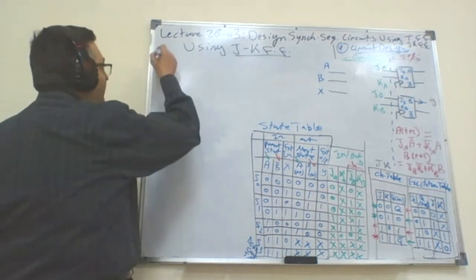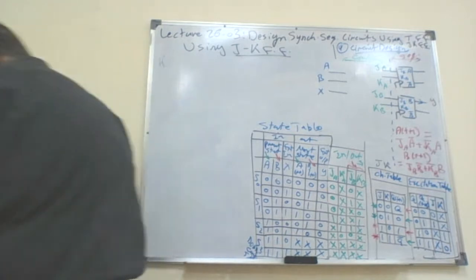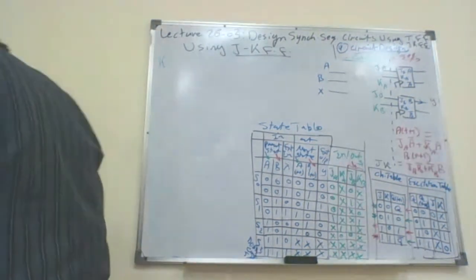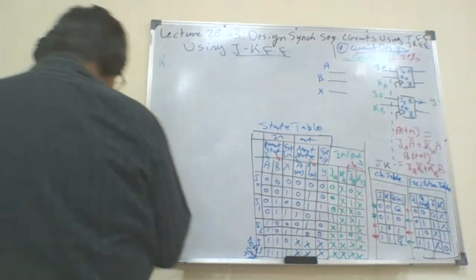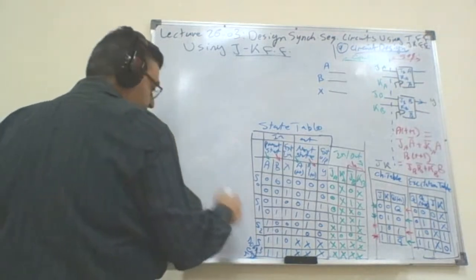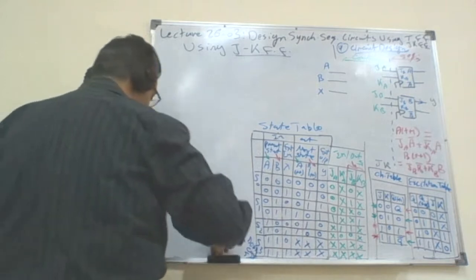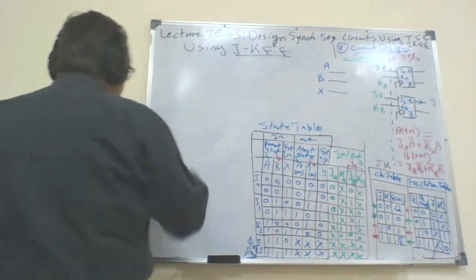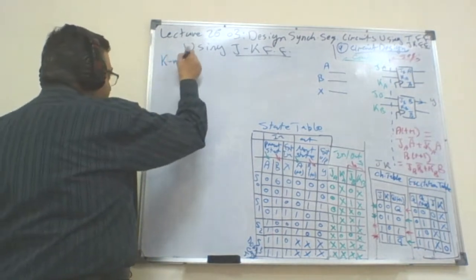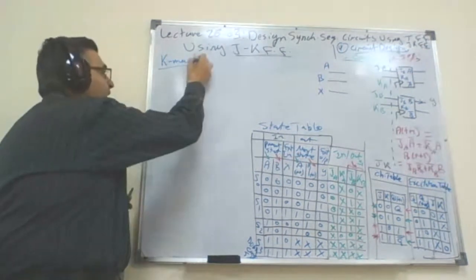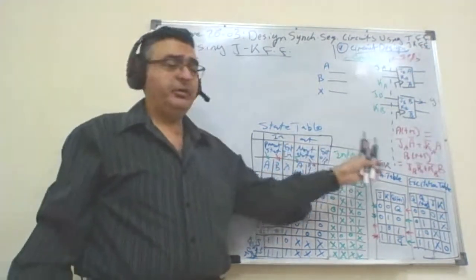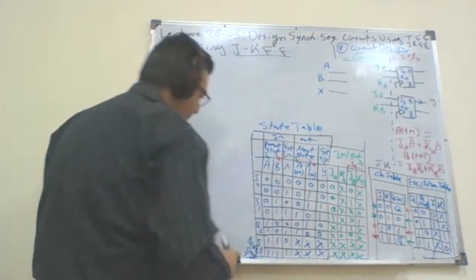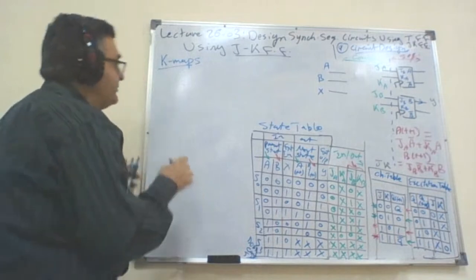So now I have to build 4 K-maps. How many K-maps do I need? I need 4 K-maps for JA, KA, JB, KB, and each of those K-maps is 3 variables, A, B, X. Can we do it? Yes.